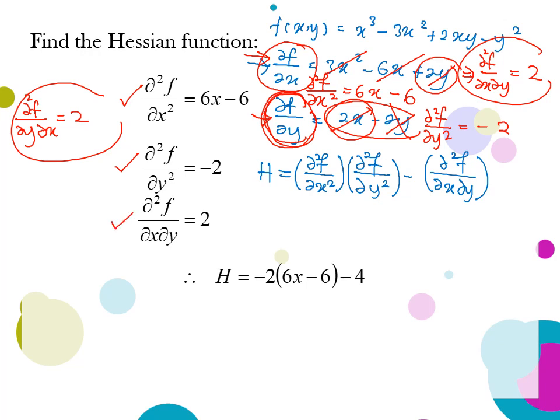So 2. Okay, so after you got all these values, substitute into the Hessian formula. So 6x minus 6 multiplied with the second one here, which is minus 2, minus the mixed one, which is 2. Okay, so where do you get 4 here?